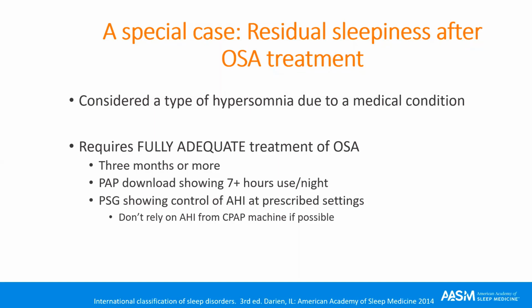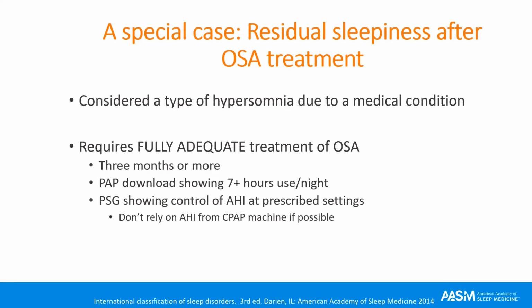What is important to note about this diagnosis is if you actually look at the criteria within the ICSD-3 for trying to make this case, you really have to be positive that the sleep apnea has been fully treated. So they have to have used their PAP therapy or other therapy for the treatment of sleep apnea for at least 3 months. If they're on PAP, a download should show at least 7 hours of use every night.